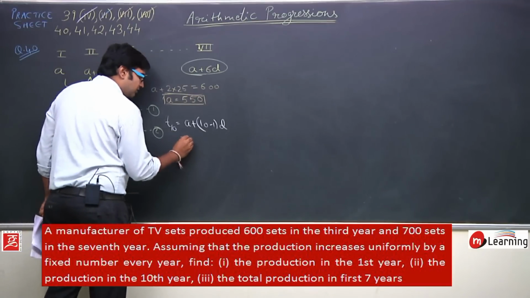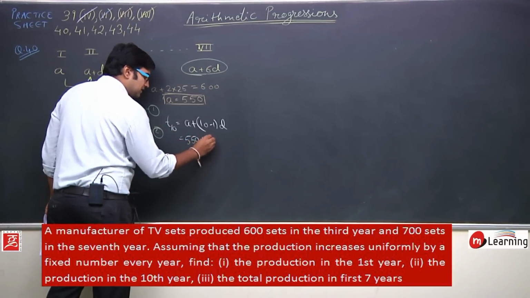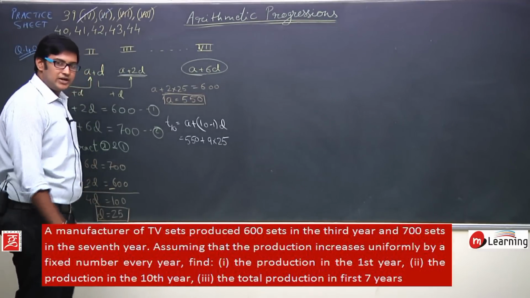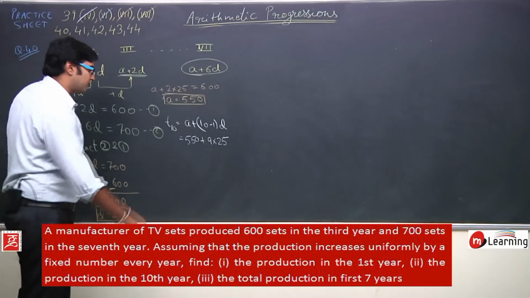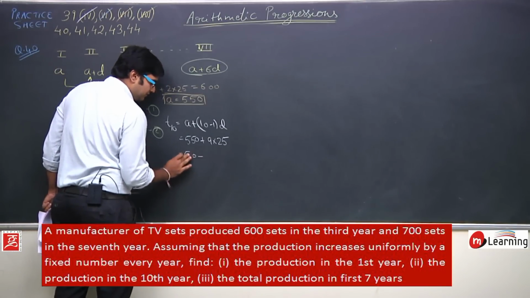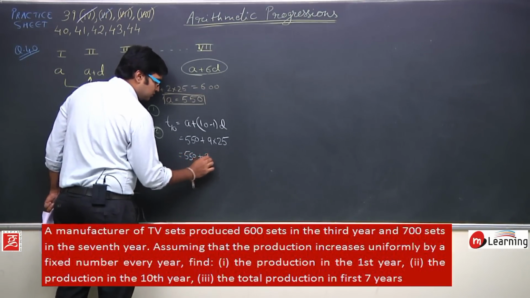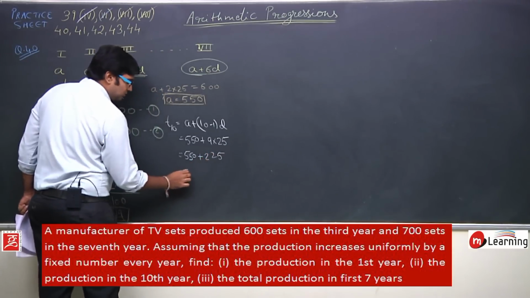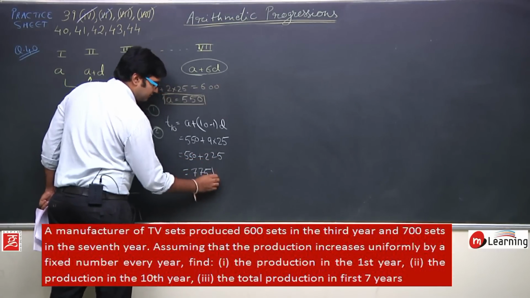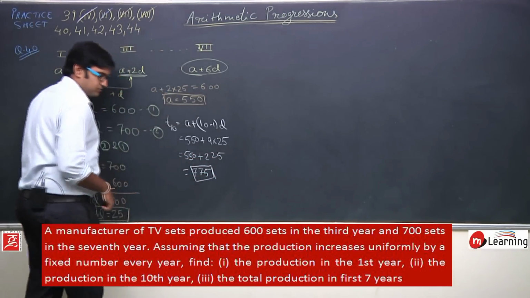This will give you 550 plus 9 into D, which is 25. Now what is 25 into 9? It is 225. So 550 plus 225, add कर देंगे इन दोनों को, so it will be 775. This is the production in 10th year.